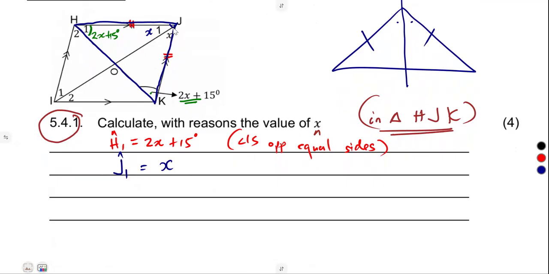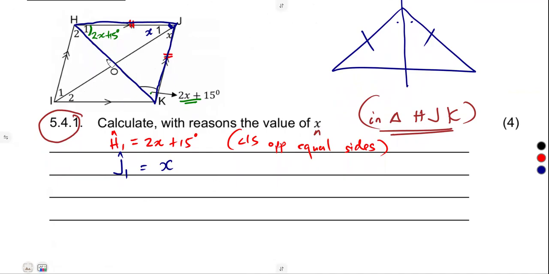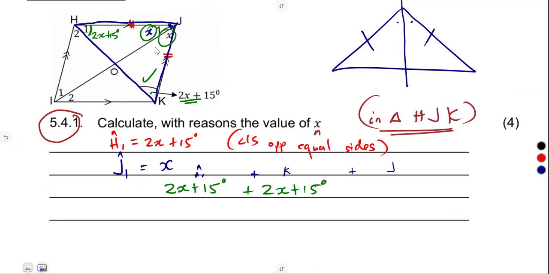Are we seeing that we now have all the three angles inside the triangle? So we can form an equation, as we understand that angles in a triangle add up to 180. So if I take angle H1, representing 2x plus 15 degrees, plus angle K, which represents 2x plus 15 degrees, and also add angle J, which is x and x combined together.